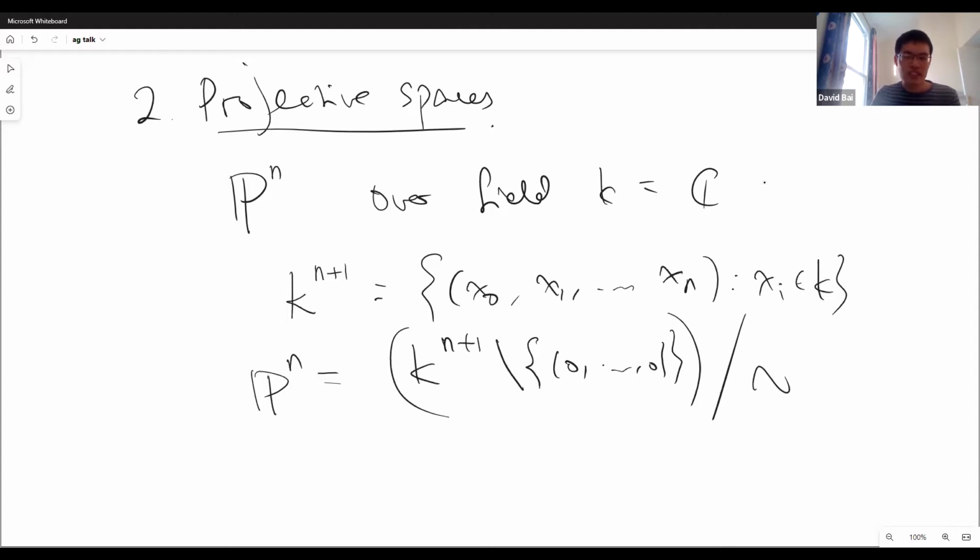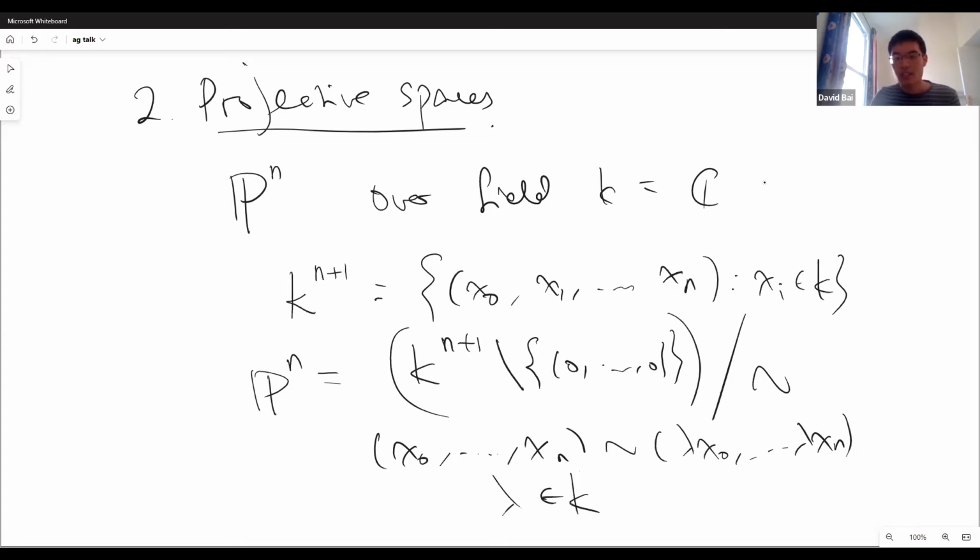The equivalence relation says x0 until xn is equivalent to lambda x0 until lambda xn, where lambda is in K, but it's non-zero.